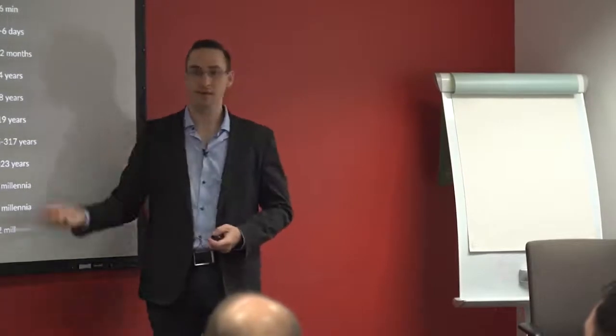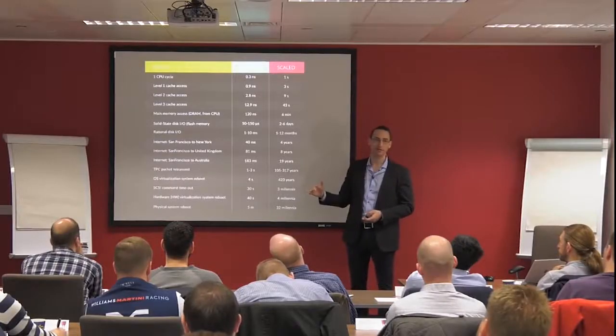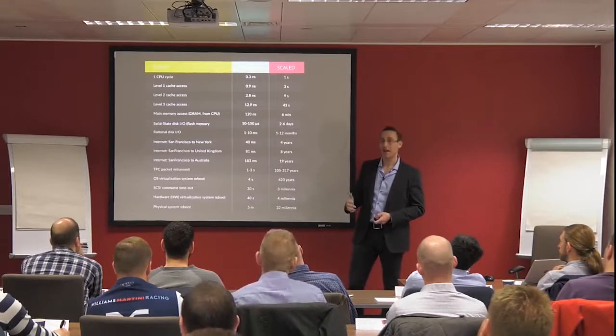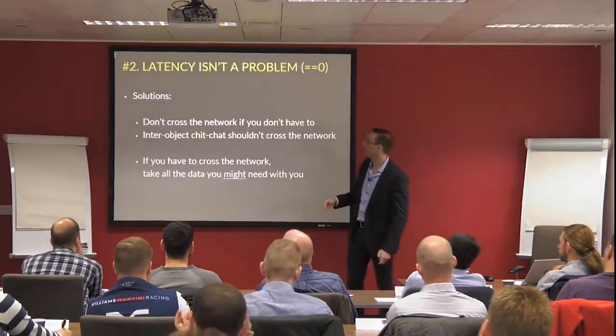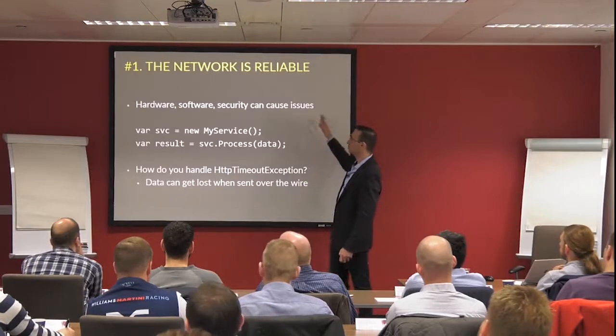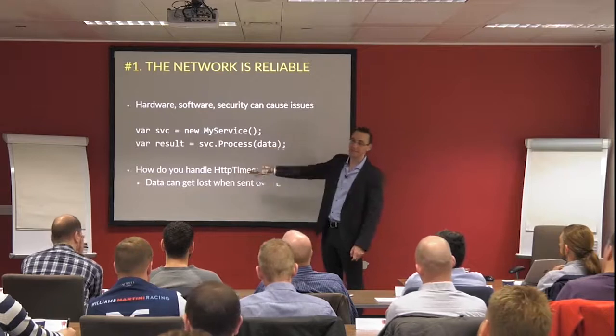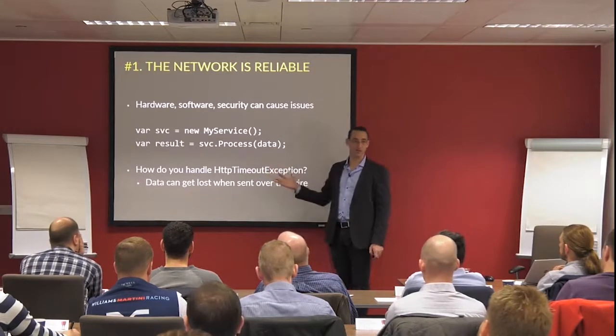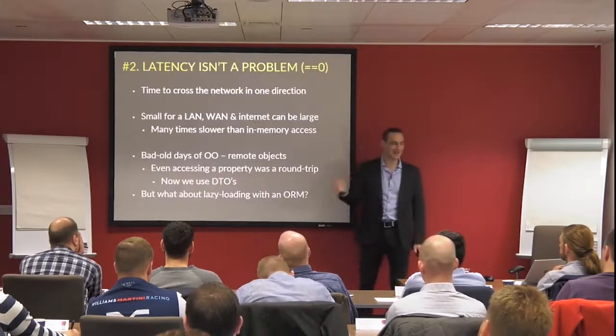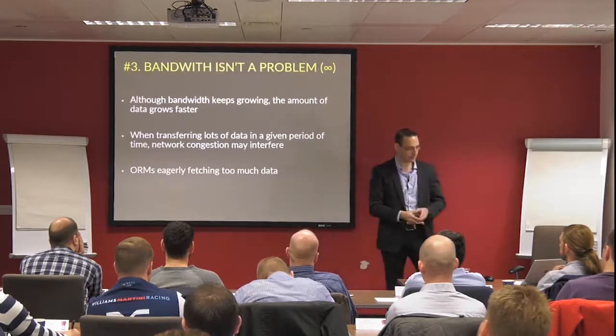So when bandwidth becomes a problem, latency also starts to become a bigger and bigger problem. And if latency becomes a big enough problem, then you're back into timeout territory. And if you're in timeout territory, then you've got reliability issues. So it's important to understand how these things connect to each other.